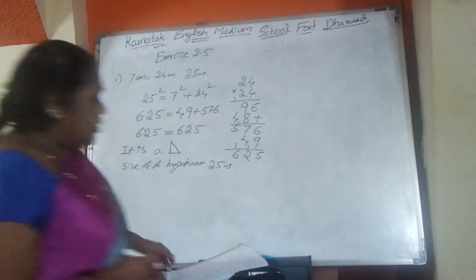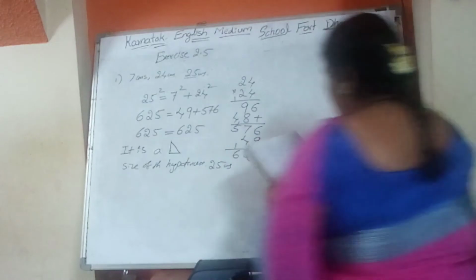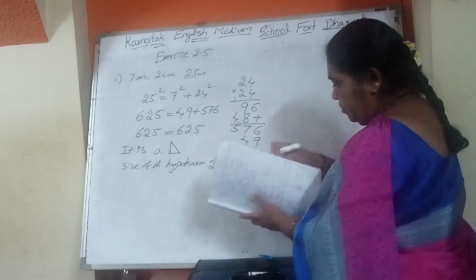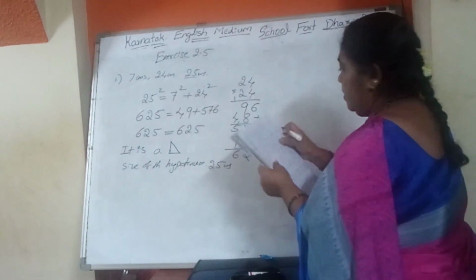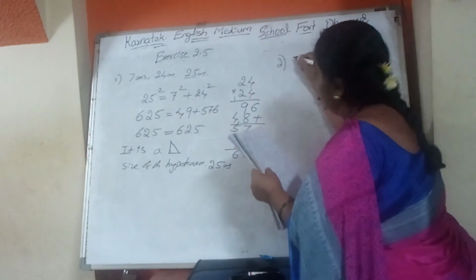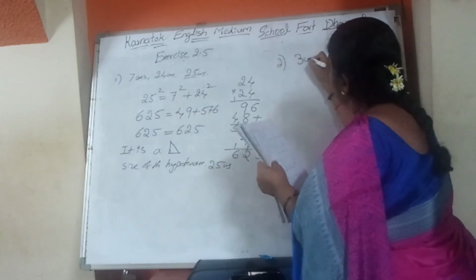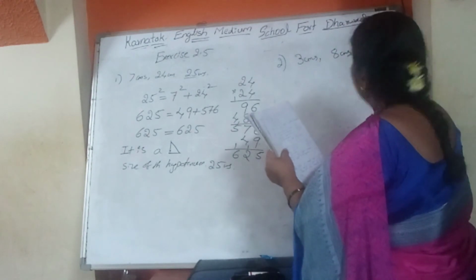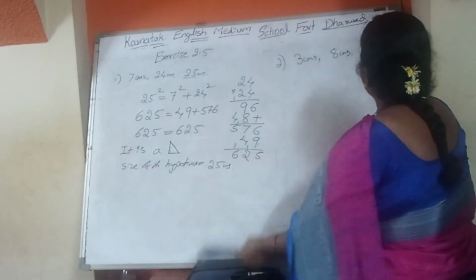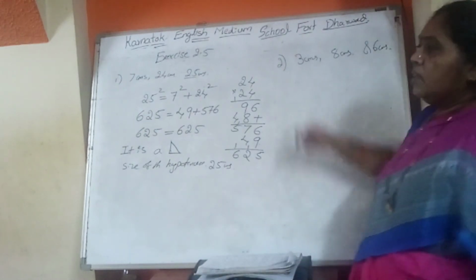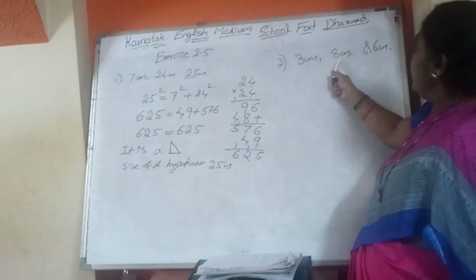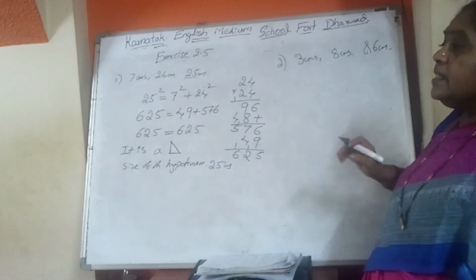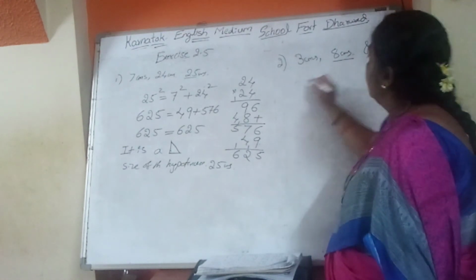I'll teach you another problem. Second one: 3 centimeter, 8 centimeter and 6 centimeter. Here which is the longest side? 8 centimeter.